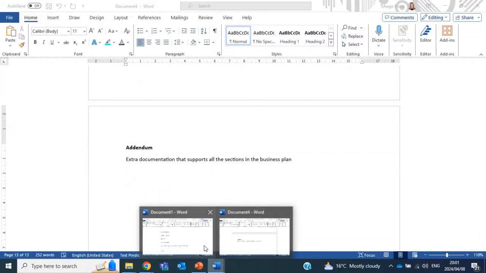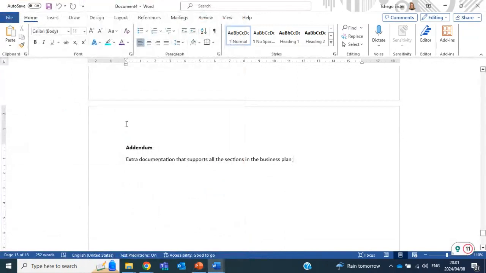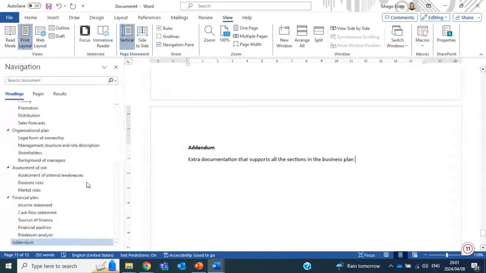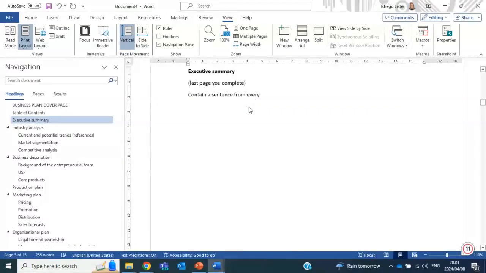And after that, I think that's it. So remember we said with a business plan, one of the things that we said is that the executive summary would be the last page that you complete. The reason for that is that it contains a sentence from every section of the business plan.